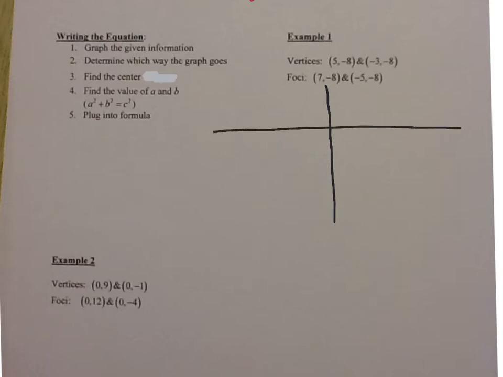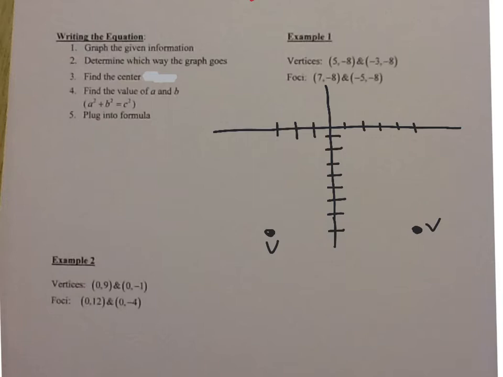All right, so I have vertices of 5, -8. There's a vertex, and -3, -8. There's another vertex. All right, so I need the center. So the center will be right in between.